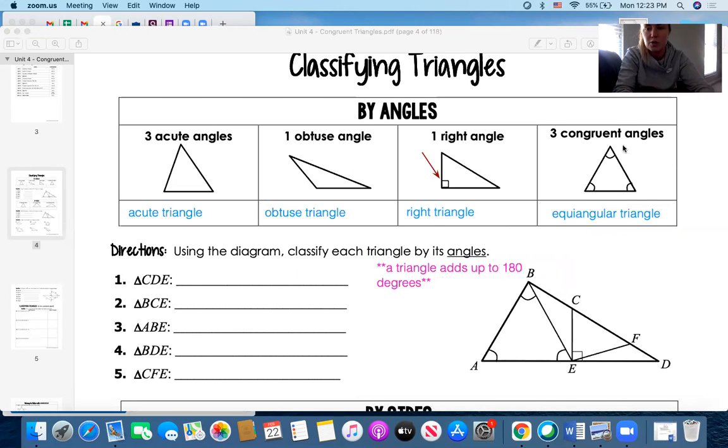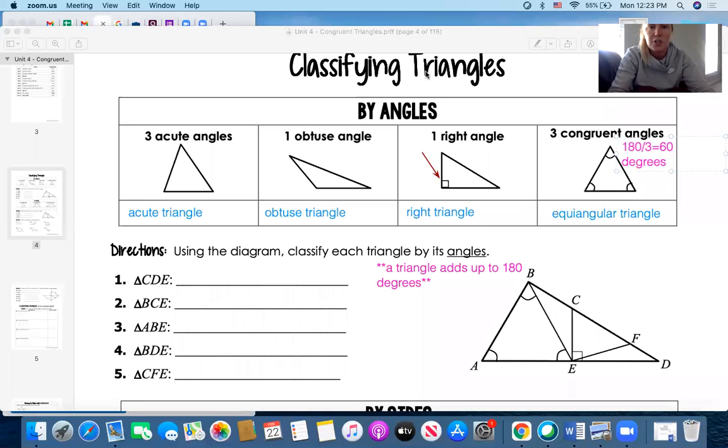So if you look at this picture right here, it talks about having 3 angles that are the same. So we have 180 degrees and 3 that are the same, which means each angle on this is going to be 60 degrees. Okay, and so that is something that is important. Anytime you have an equal angular triangle, all of the angles will always be 60 degrees no matter what.